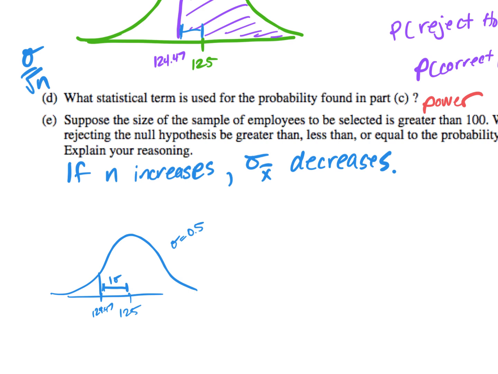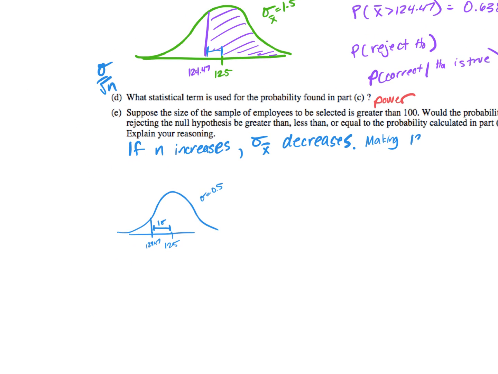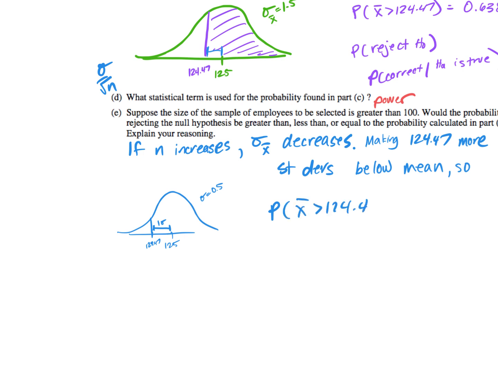Standard deviation decreases, meaning 124.47 is more standard deviations below the mean. So the probability X bar is bigger than 124.47 would increase.